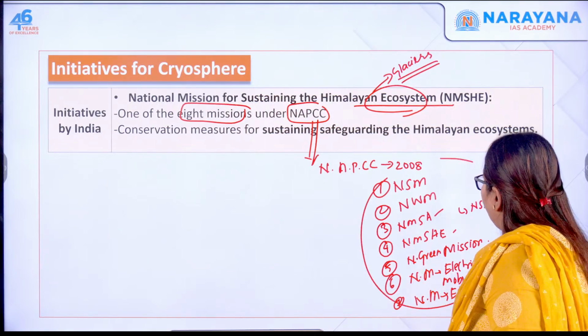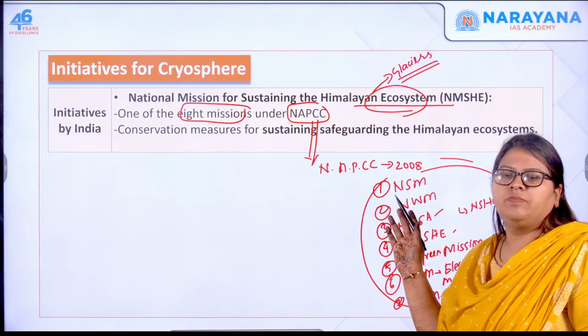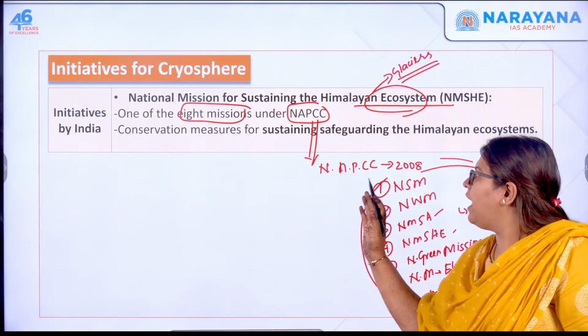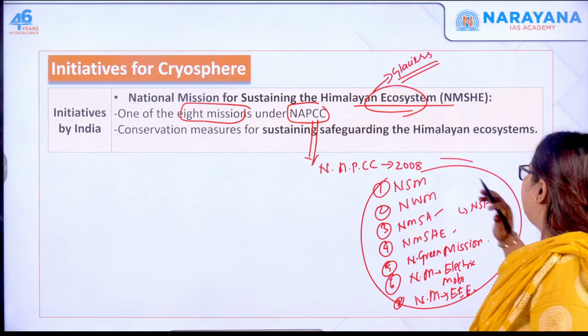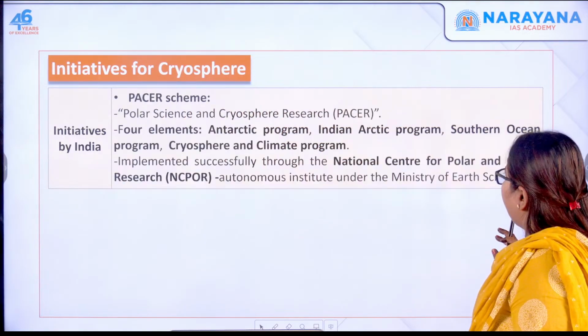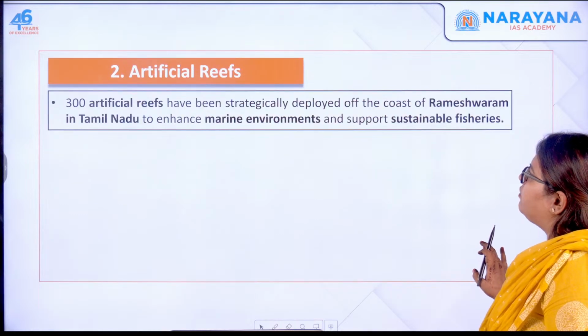So these are all the 8 missions under the NAPCC, the National Action Plan on Climate Change, which was brought in 2008. So this is the initiative, and here ends the topic of cryosphere.